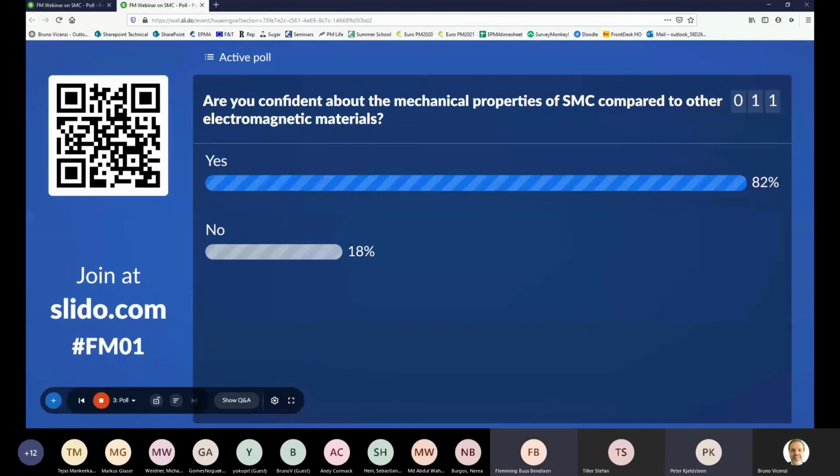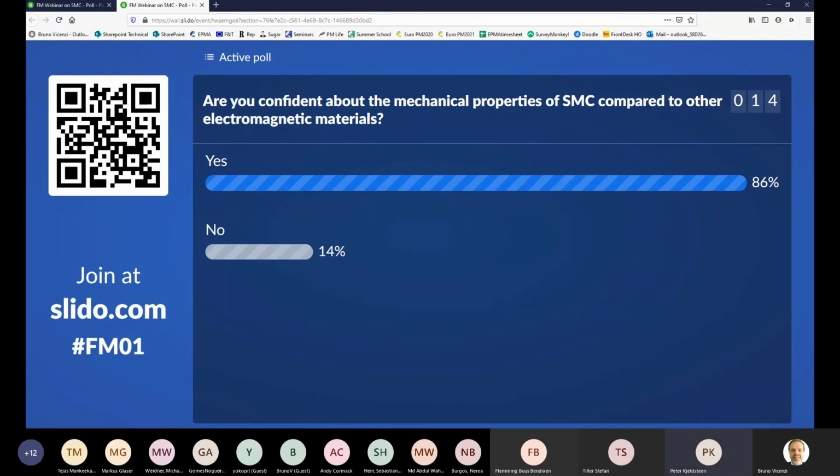And Stefan, you also mentioned something about it: the first generations of SMC that were marketed became very mechanically weak when temperature was elevated.